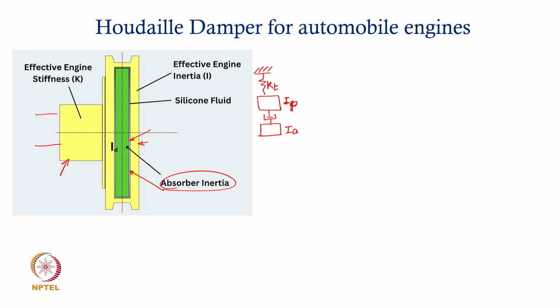If you really look at this closely and compare it with the kind of connection of the absorber that we had in the previous case, where a spring and a dashpot with this inertia is your absorber system, now you have only the dashpot.